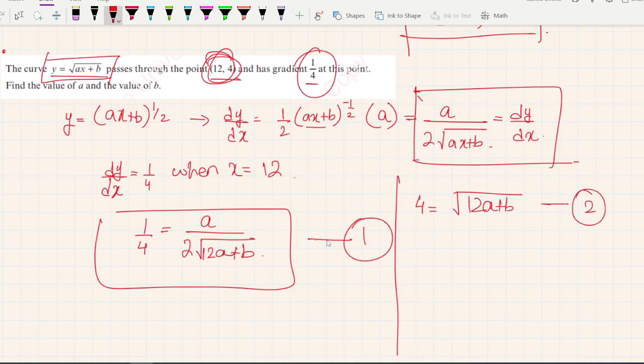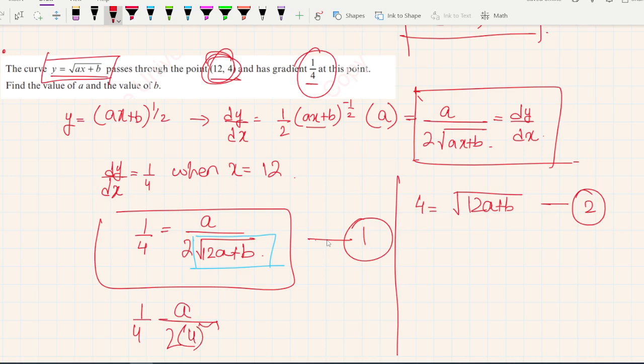Let's call this equation 2. Now from equation 2 we know that root of 12a plus b is equal to 4. If we substitute this value in equation 1, we will get 1 over 4 equals a over 2 times 4.